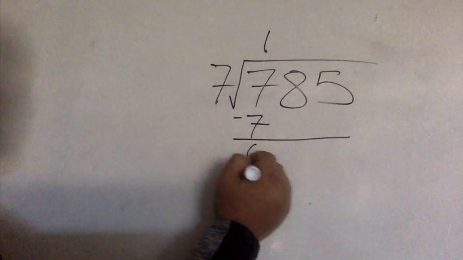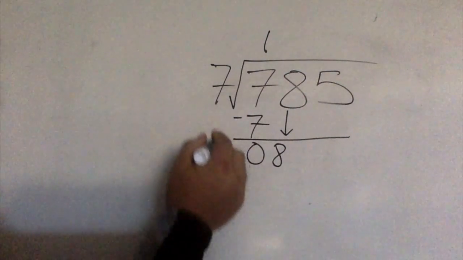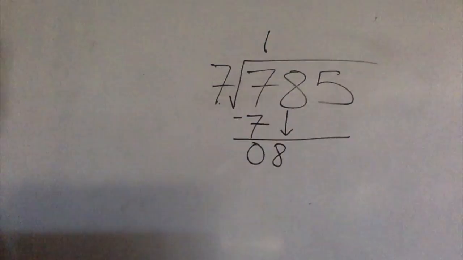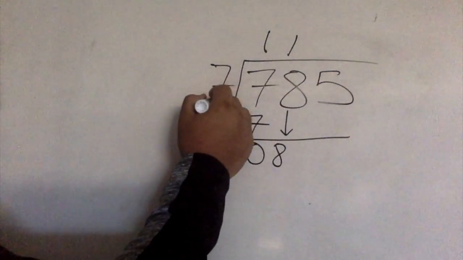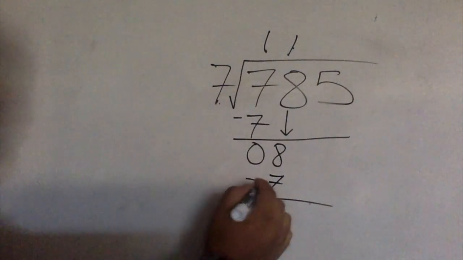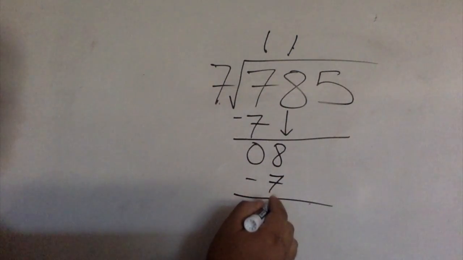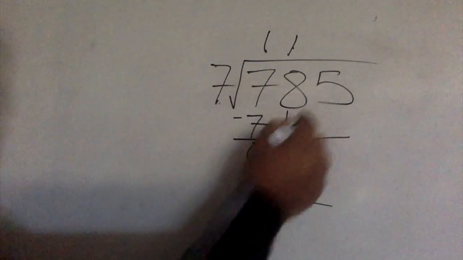Subtract and drop the 8. 7 goes into 8 how many times? Once. Because 7 times 1 equals 7. 8 minus 7 equals 1.